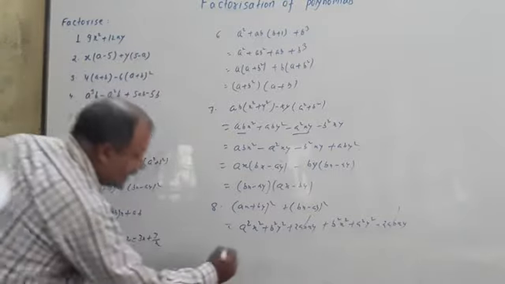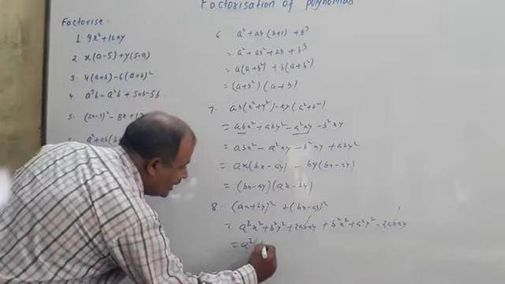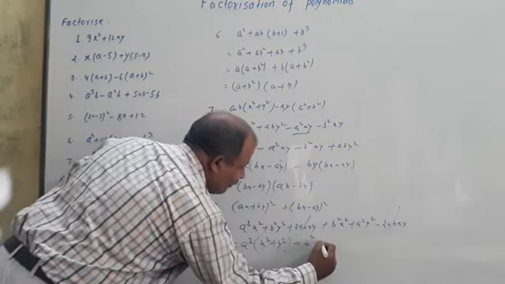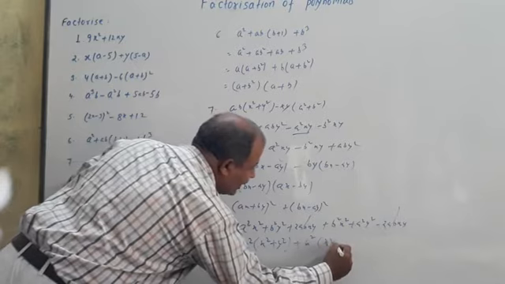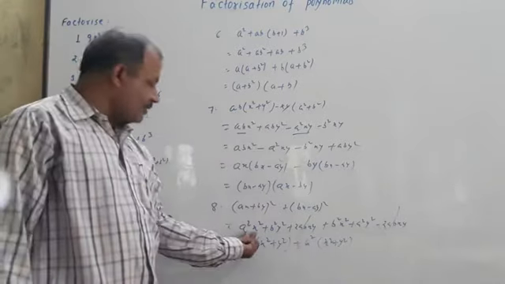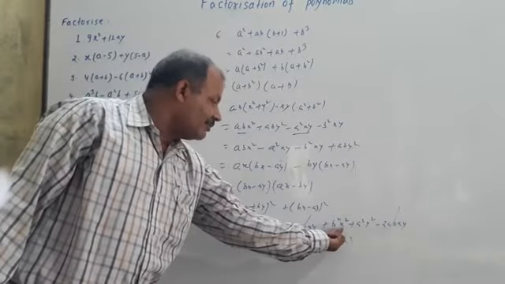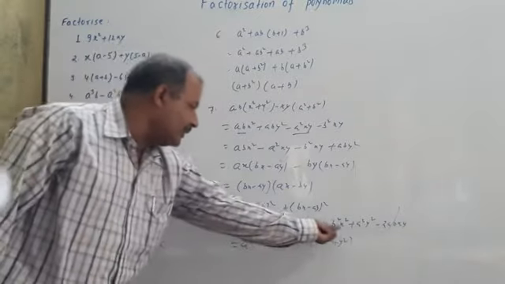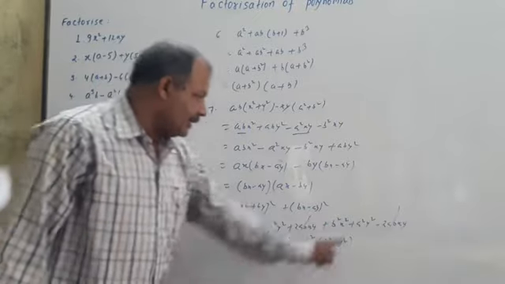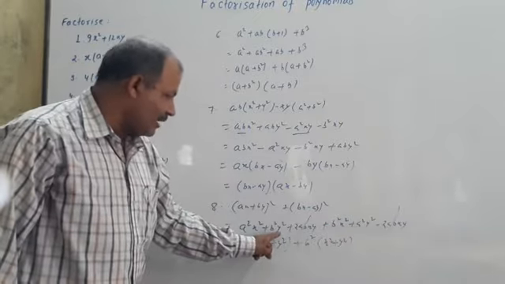When we take a square as common, we are left with x square plus y square, and when we take b square as common, we are left with x square plus y square. Here b square x square is taken as common, then we are left with a square plus b square. Here a square y square and b square y square.